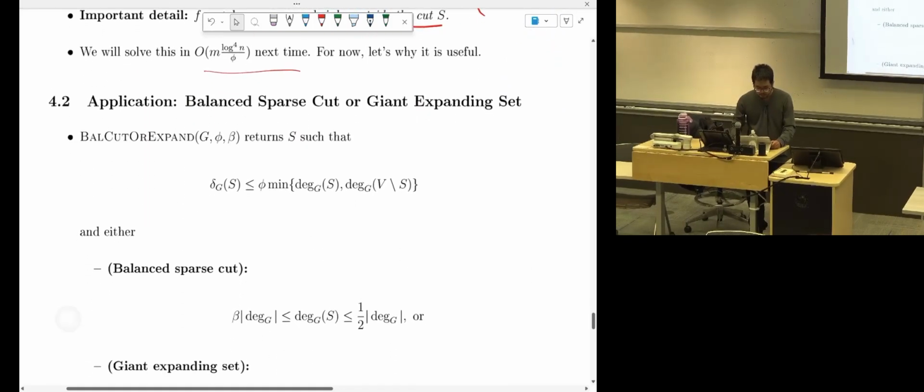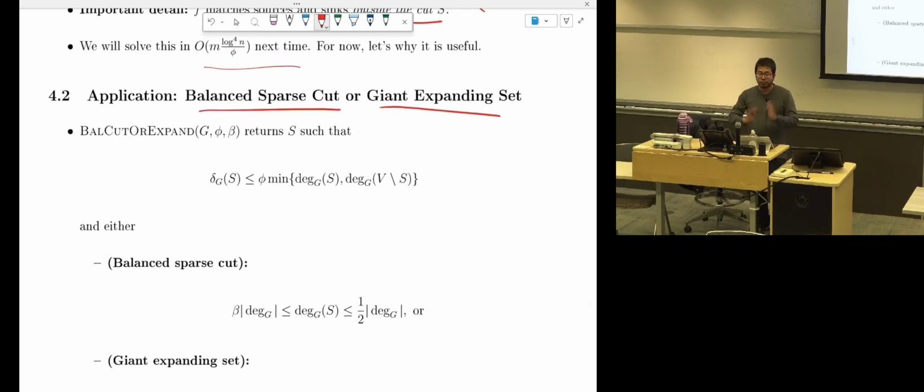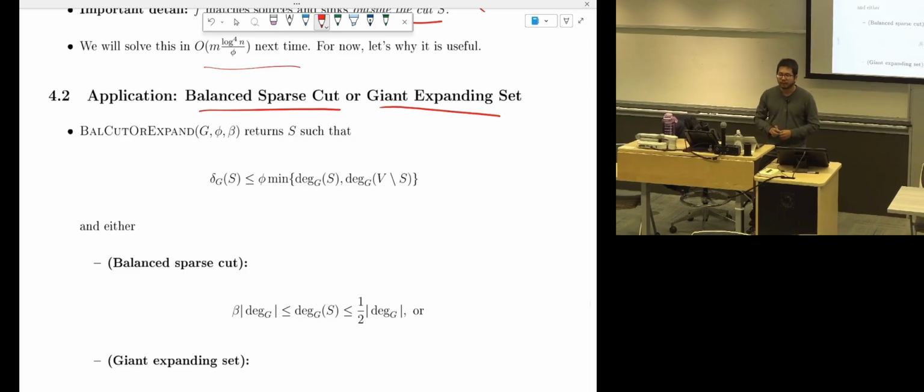We're going to use it to solve this balanced sparse cut or giant expanding set. This is just a subroutine that if we have it and it's fast, then it's the main subroutine for expander decomposition, if you remember.